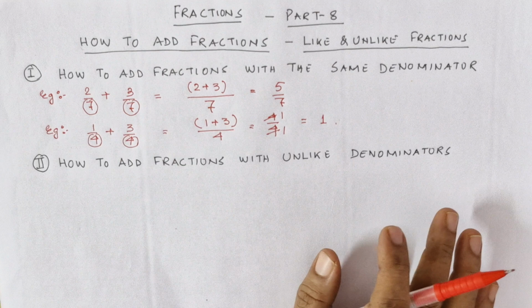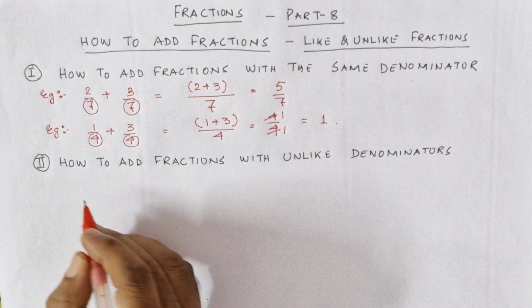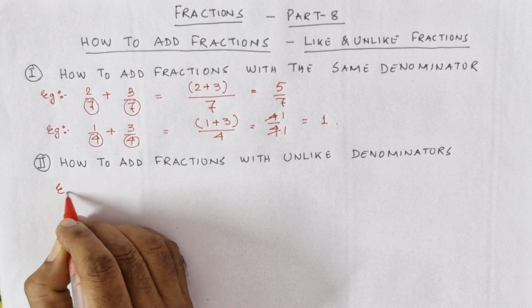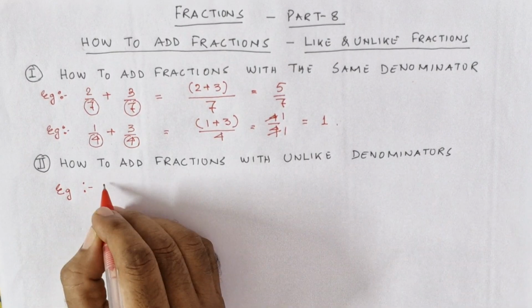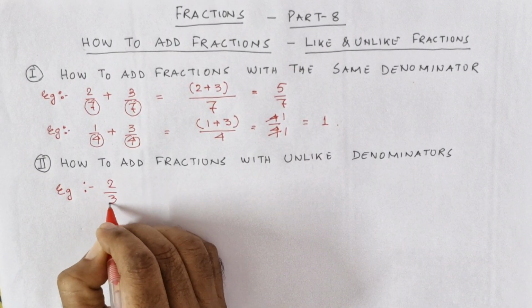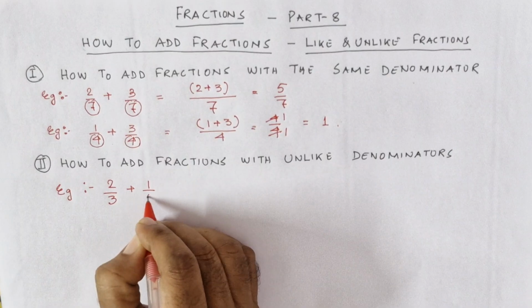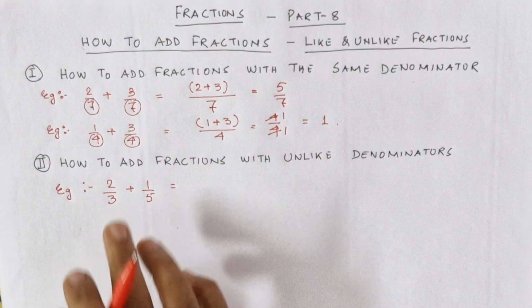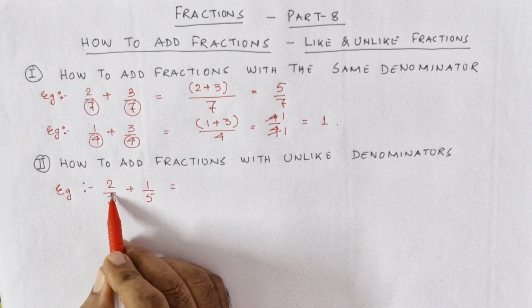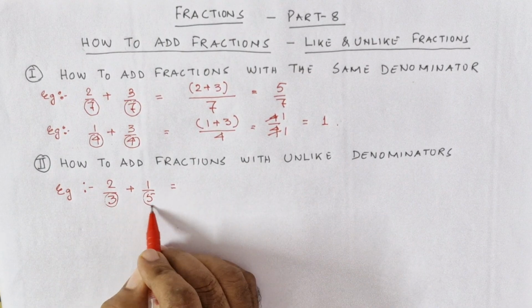Got it? So let's take one example and see what we need to do step by step. We'll take 2 by 3 plus 1 by 5. These are two fractions and you can see that the denominators are different, so they are unlike fractions.